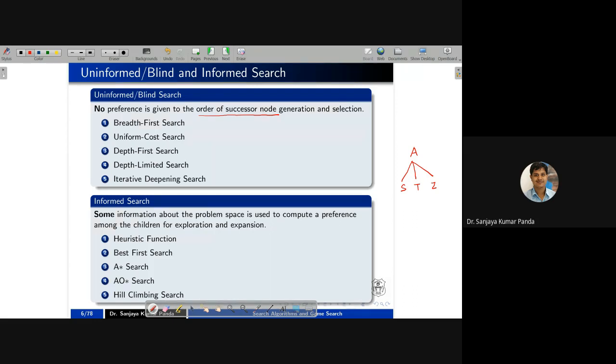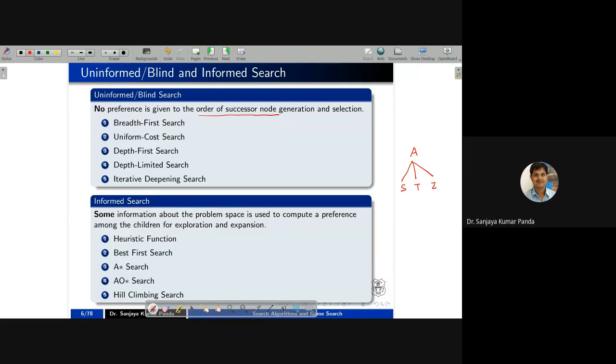Not only node generation, but also selection of the node. Whether to select node S or T or Z, you have no preference. Applying a hit and trial method is a different thing, but you should not give any information. You don't have any information to select by, for node generation and node selection.